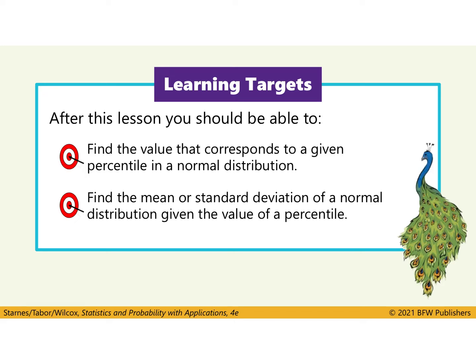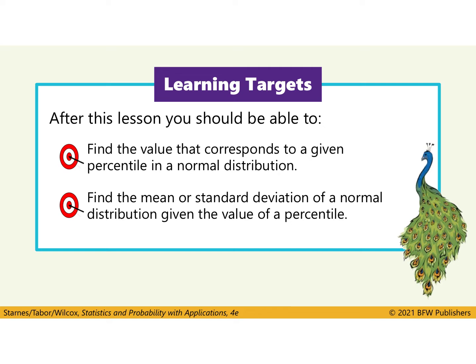So for lesson 2.6, the last of the chapter, our test will be next week. We are going to work backwards from what we did last week, where we had a value and the mean and the standard deviation, and we wanted to know the proportion or the percentile or the percentage.